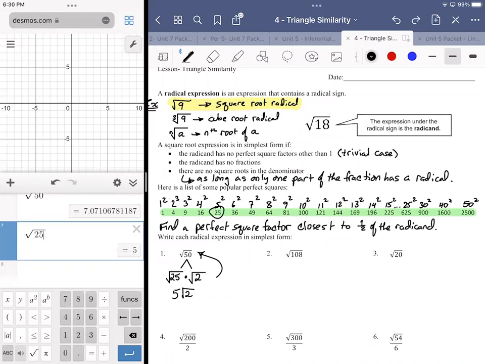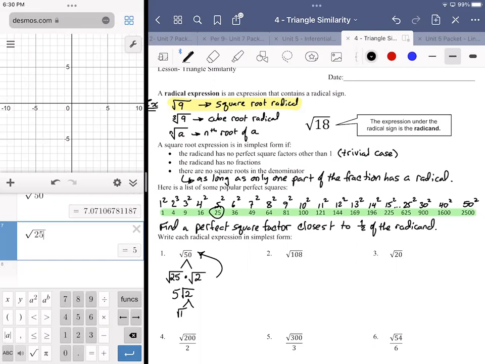Right? The first thing is the radicand is in simplest form if the radicand has no perfect square factors other than 1. Right? Because this radical 2, I can break it down. Hey, one of the factors is a 1. That's a perfect square. So find a perfect square factor closest to 1/2 of the radicand. All right, radical 1.